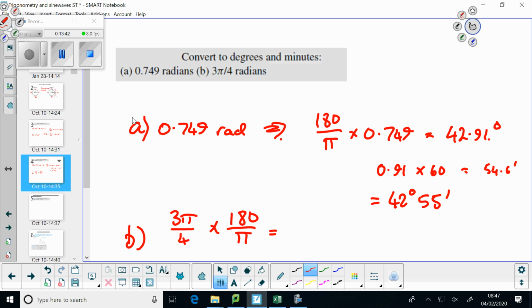What could I immediately do there, boys? I could cancel pi out, which often happens in these problems. So 3/4 of 180, 135. Right.